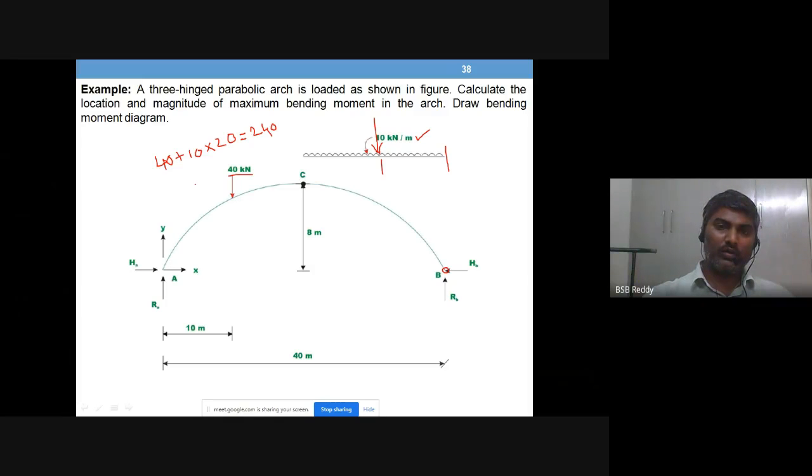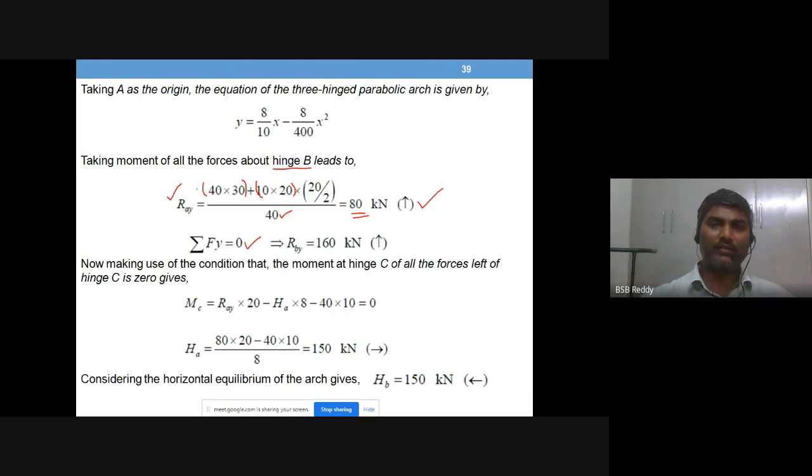So 240 minus RA, that means 240 minus 80, will become RB as 160. So this is from one more equilibrium equation.